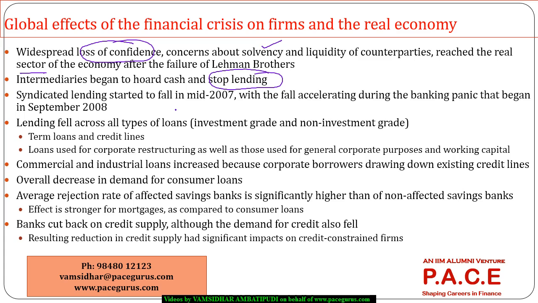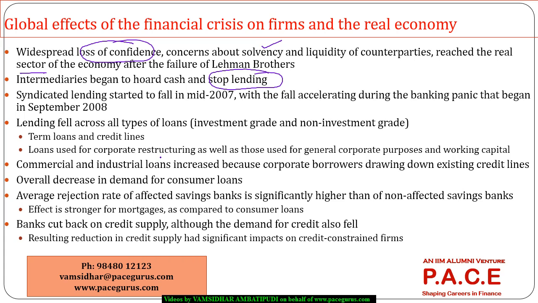And the syndicated lending, which used to be one of the major aspects from the beginning of the 21st century to mid 2007, after that it looked like syndicated lending has fallen quite drastically, and especially in 2008 it became worse and worse. So the lendings almost stopped across all kinds of loans, whether they are investment grade or non-investment grade loans.